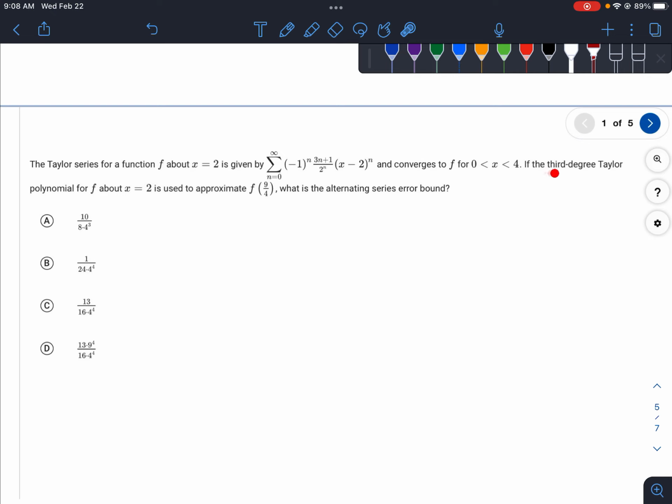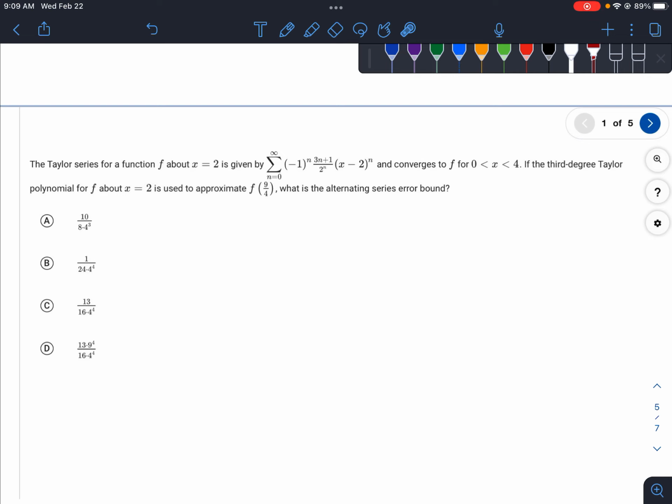If the third degree Taylor polynomial for f about x equals 2 is used to approximate f of 9 over 4, what is the alternating series error bound? This highlights that the alternating series error bound and the Lagrange error bound are very similar. Since this is alternating, we can use the alternating series error bound.